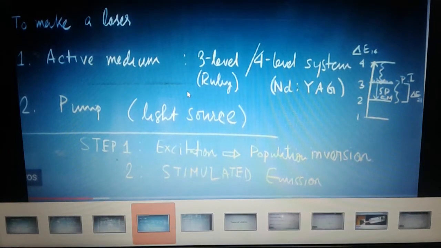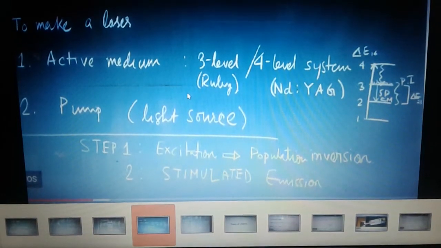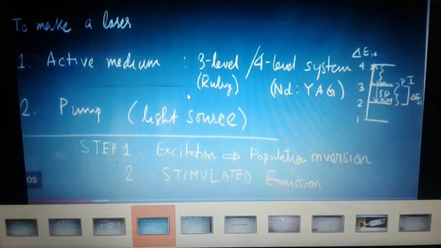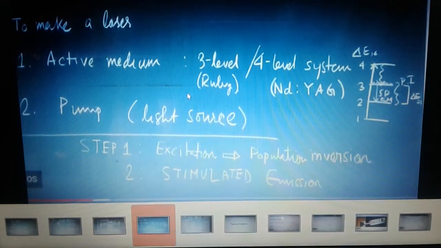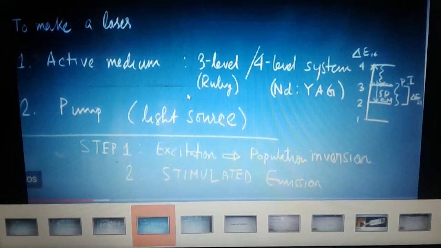Population inversion, as we have studied in the previous classroom lectures, means to invert the population in the given levels. That is, the population of the excited level is more than the lower level. So to achieve the condition of population inversion, we require a pumping source. This is the second component of laser. Pumping sources are of different types.